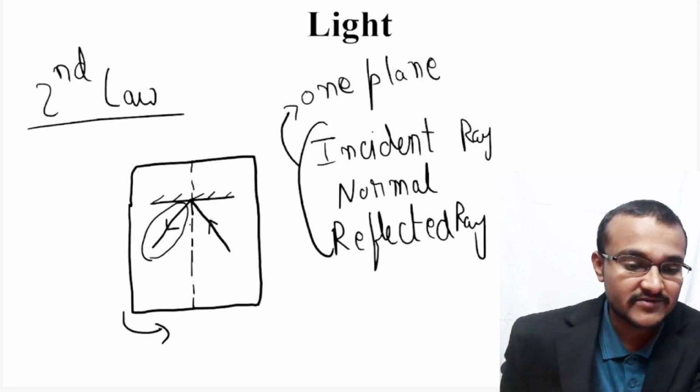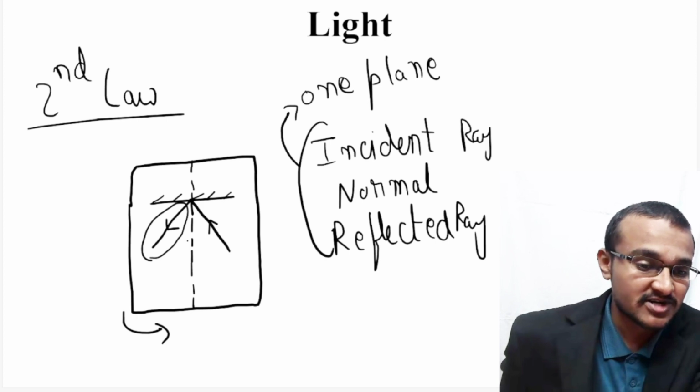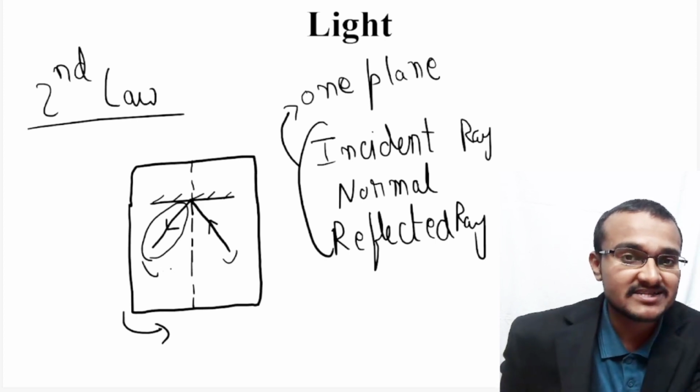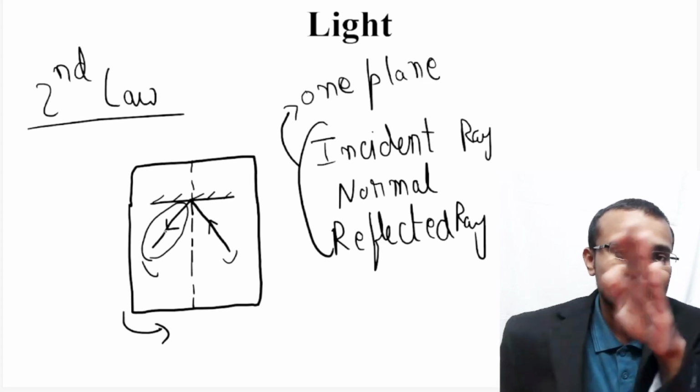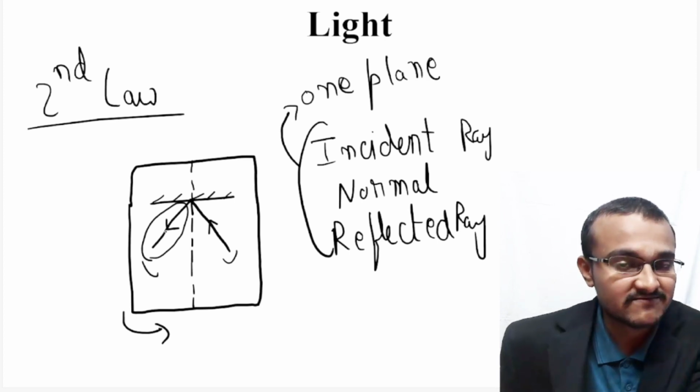So to understand this, you have done this experiment. Here you can see that this paper acts as one plane, and on this particular plane you can observe both incident and reflected ray. But when you bend this paper, you will not observe any kind of reflected ray. But when you bring that paper back to its initial position, you can see the reflected ray.